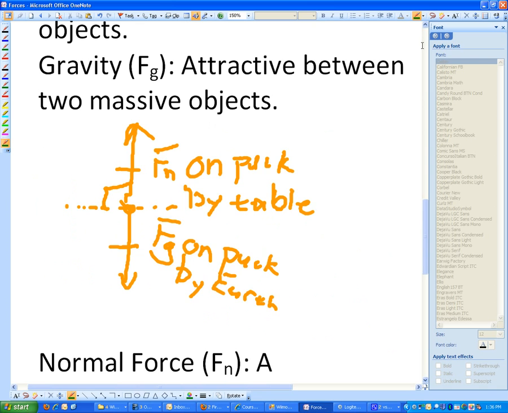Okay. So we can make one more claim here before we go, and that would be the following. Object in motion remains in constant velocity motion.